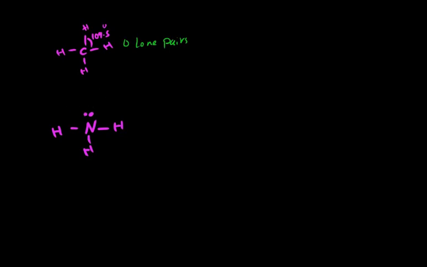So 1 lone pair will reduce the angle by 2.5 degrees. 109.5 minus 2.5 is approximately 107 degrees.